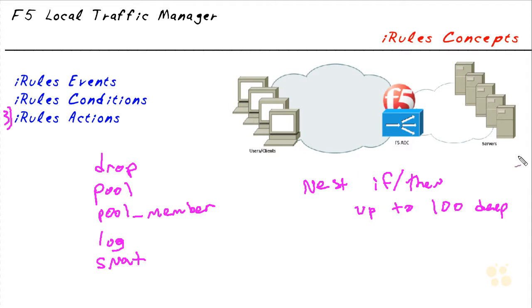So I can do things at the link layer, the IP header, the TCP header, the HTTP header, I can do cookies, I can do SSL logic, I can change my IP TOS, insert and remove headers, do HTTP redirects, all sorts of different things for my actions. So bottom line is you have manual control over pretty much anything that goes on through your ADC.